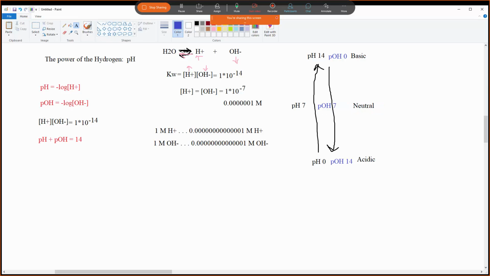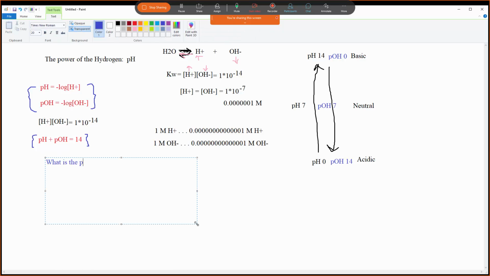Okay. All right, so that's how you get to the pH. If you know the hydrogen or the hydroxide concentration, you can use this equation to find the pH or the pOH. And if you know one of them, you can calculate the other one. So for instance, let's say I want to know the pH of a solution.